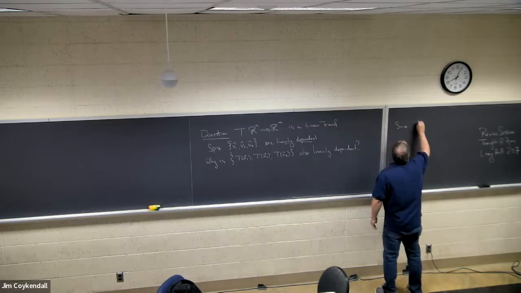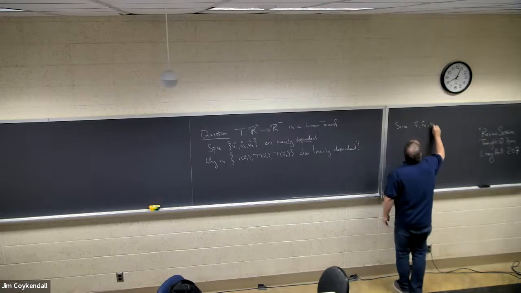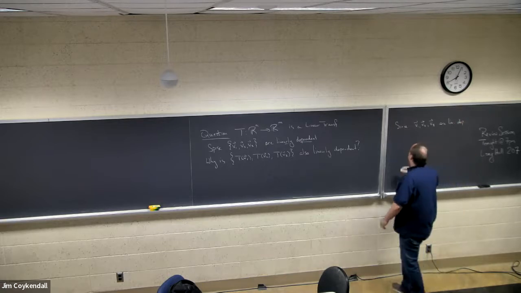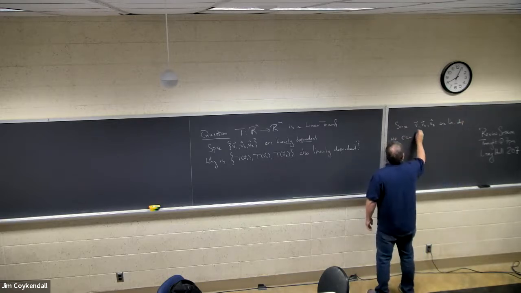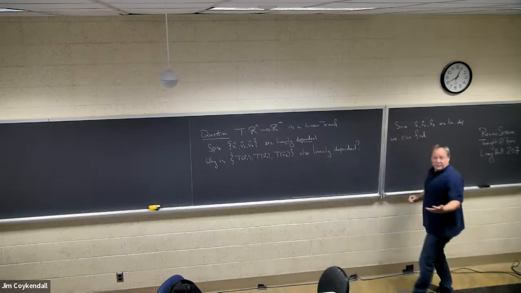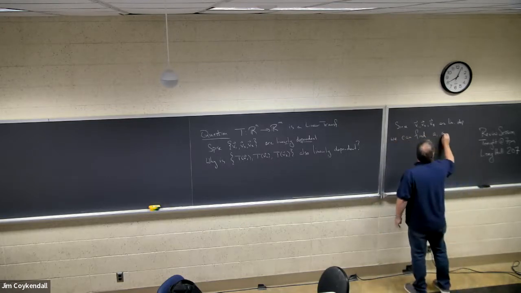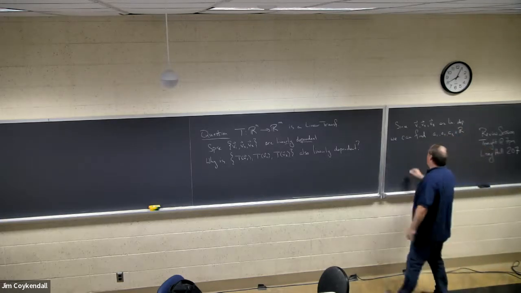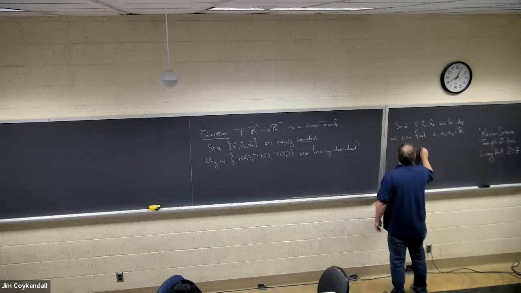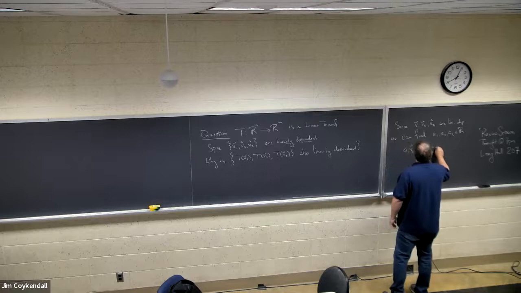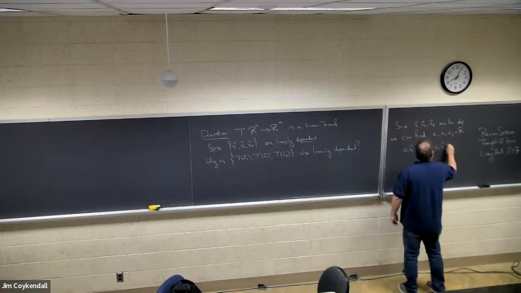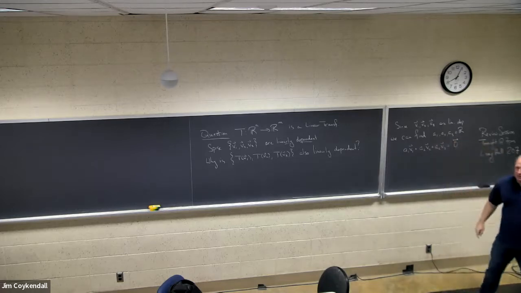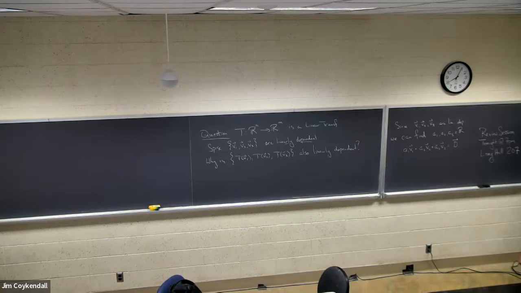Since B1, B2, B3 are linearly dependent, we can find numbers, say real numbers, A1, A2, A3, such that A1 B1 plus A2 B2 plus A3 B3 is equal to the zero vector, and I've left out an important factoid.